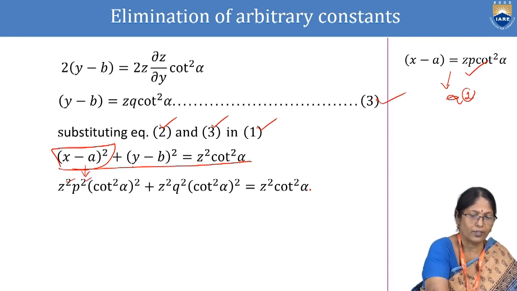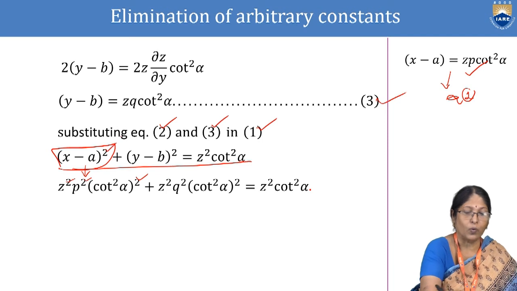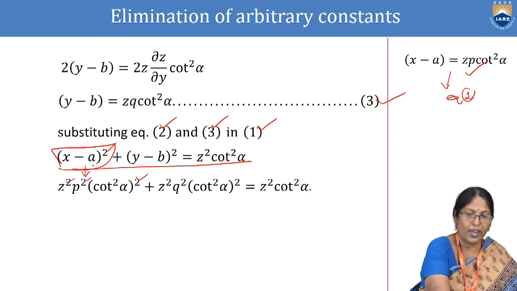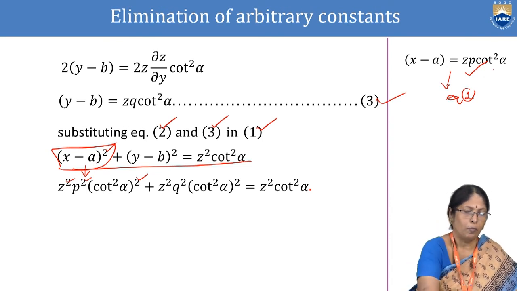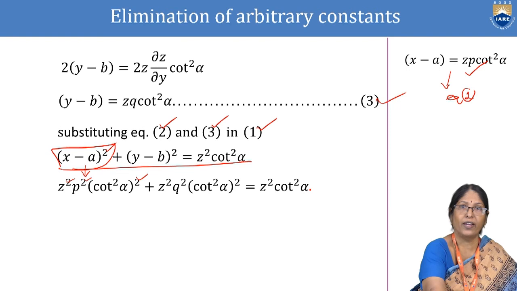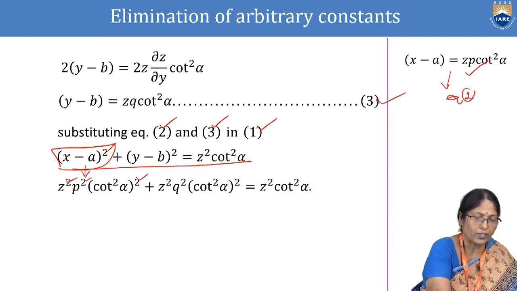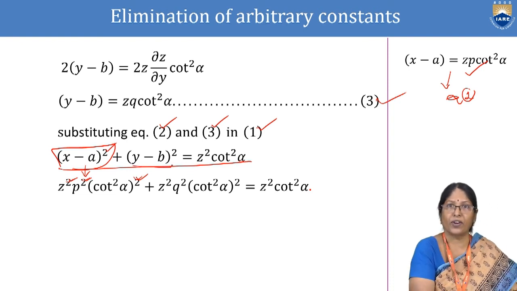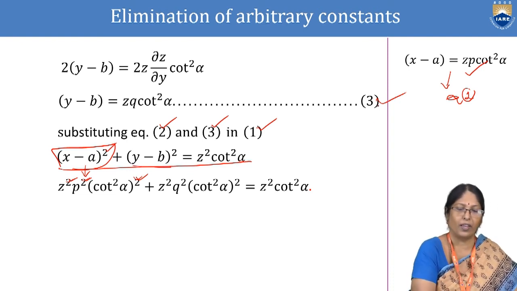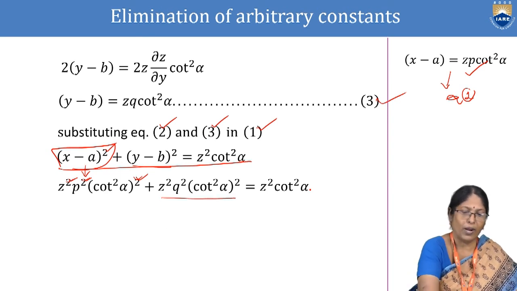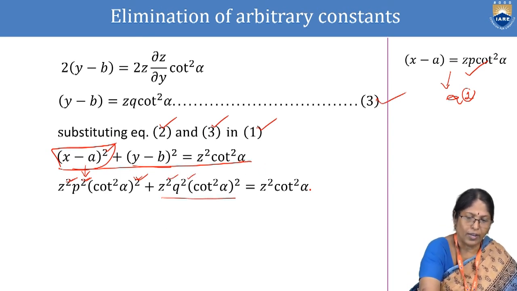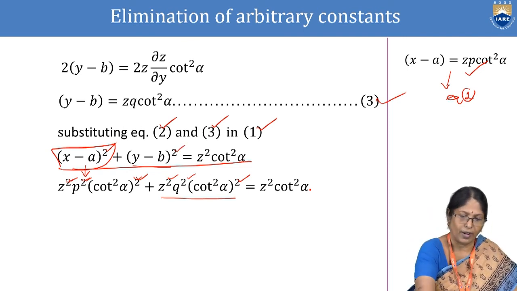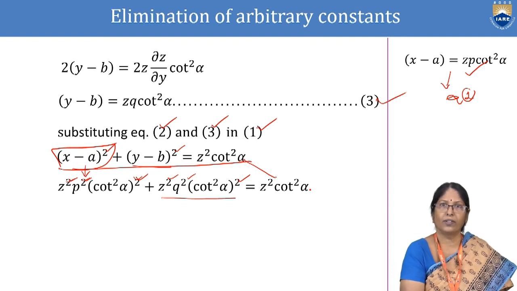How have the squares come? Because in the question x minus a the whole square is there. That is the reason the squares are playing the role. Next, y minus b is replaced by equation 3, with squares since it is there in the question. The right side is written as it is.